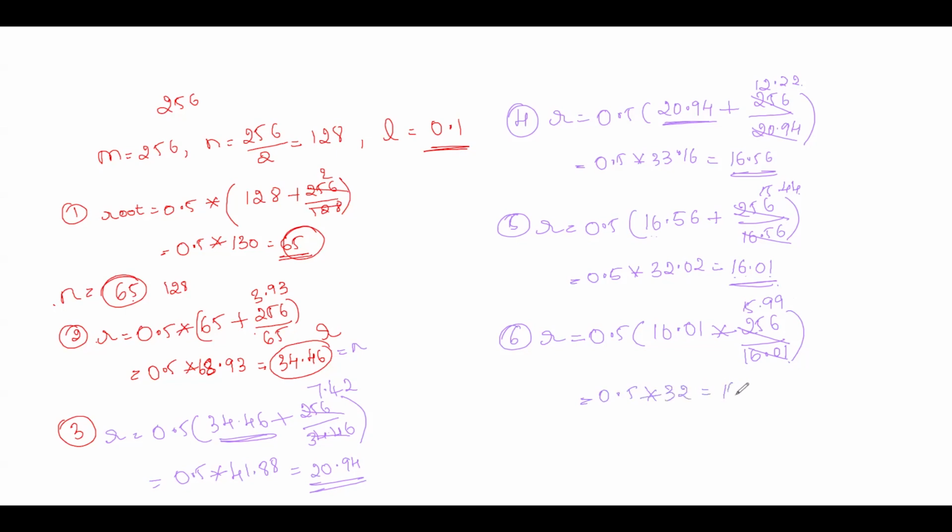You will be getting 16. Now the difference between 16.01 and 16 is 0.01, which is of course less than our tolerance level. Hence, I can say that the square root of 256 is 16.